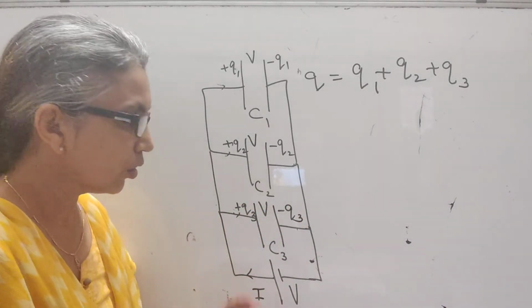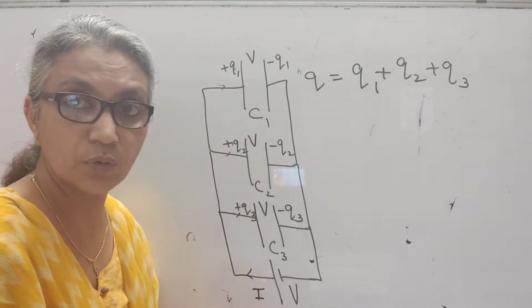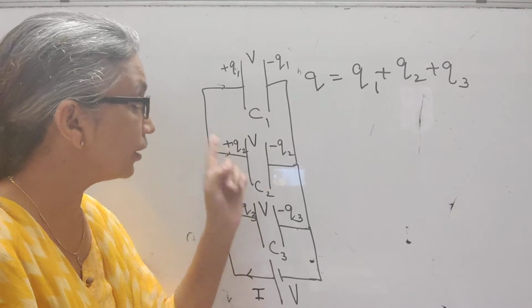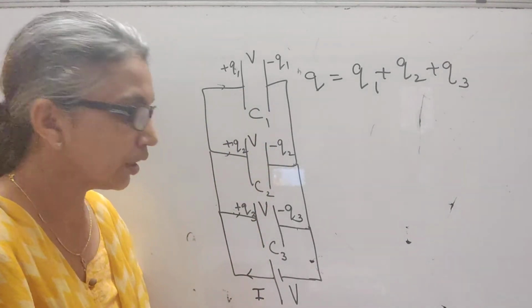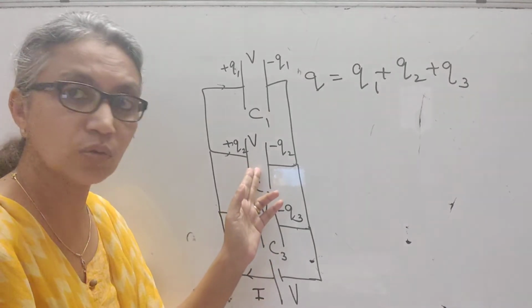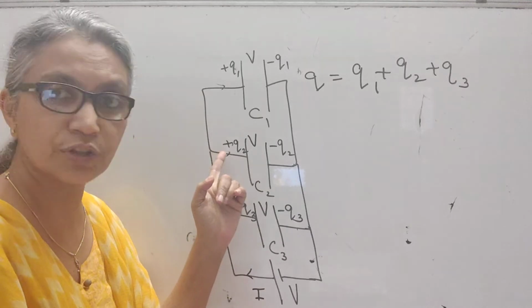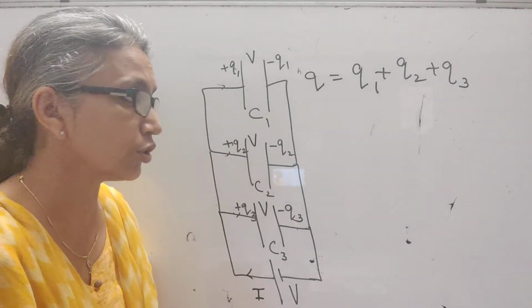So please remember, when they are connected in parallel, all capacitors will carry the same voltage but they will carry different charges depending on their capacitance. If C3 has charge Q3, C2, which has a different capacitance, will have a different charge on it, and C1 with a different capacitance will have another different charge on it.